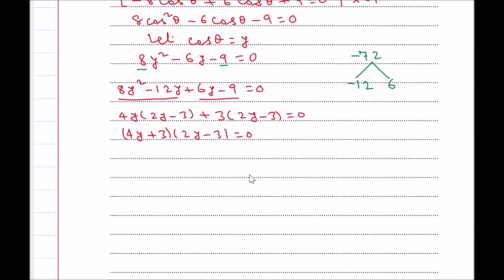Now we'll write that both factors individually should be equal to 0. So 4y plus 3 equal to 0, or 2y minus 3 equal to 0. This gives us y equal to minus 3 by 4, and this gives us y equal to 3 by 2. Now y we have taken as cos theta.